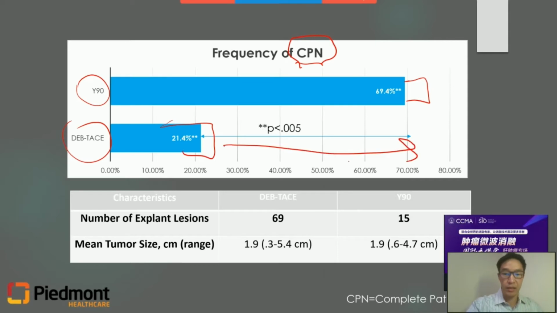So a very statistically significant difference. This describes why tumors shrink more with Y90. It also describes why when tumors shrink, it takes longer for the tumors to begin to grow, because the incidence of complete pathological necrosis is greater, and therefore many of the lesions themselves have actually been completely cured with Y90.